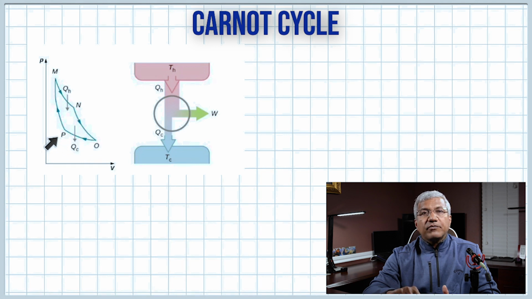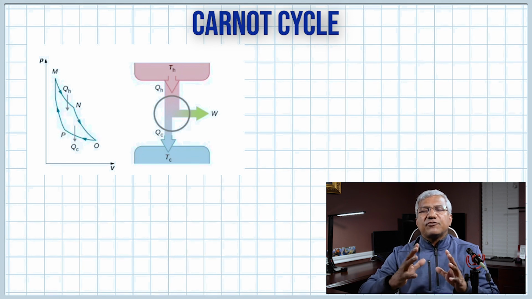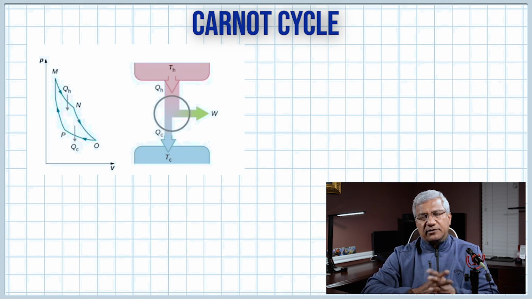OP is the isothermal compression, where QC joules of heat is given to the cold object. And PM is the adiabatic compression. So isothermal expansion, adiabatic expansion, isothermal compression, and adiabatic compression. Those are the four steps in the Carnot cycle.